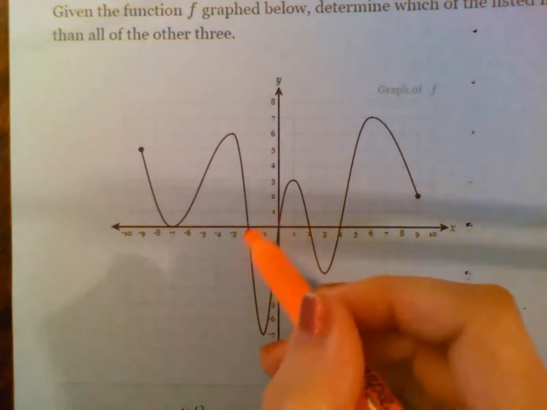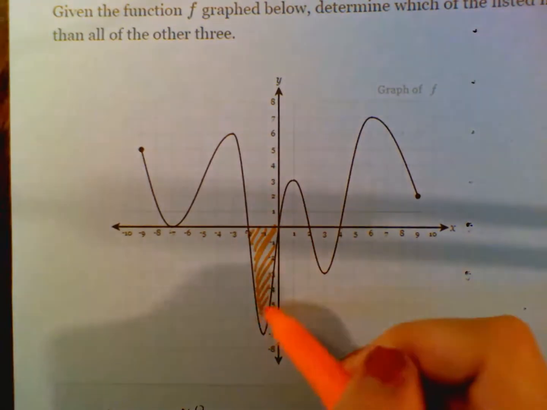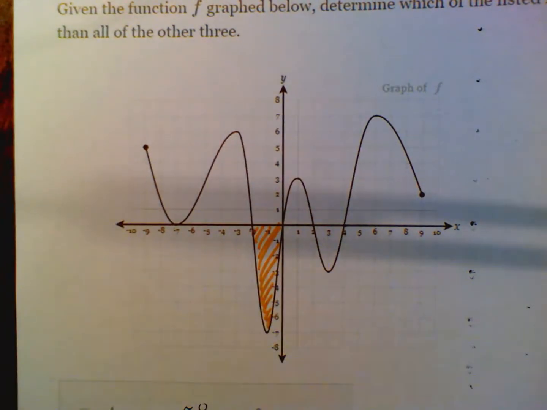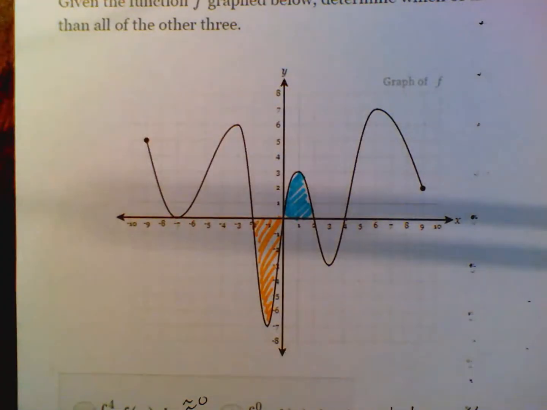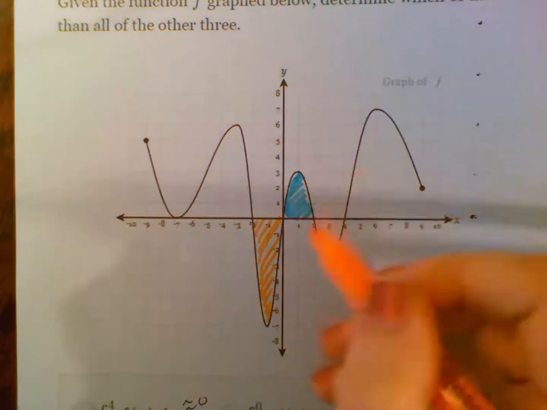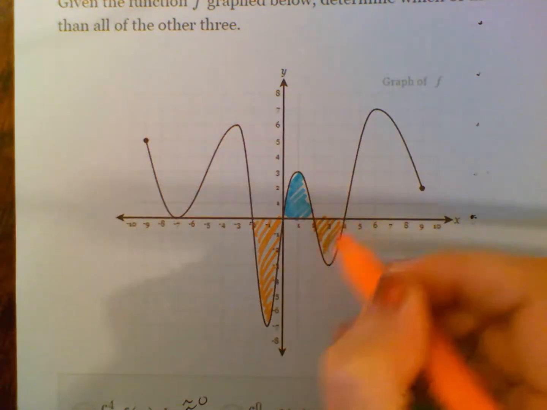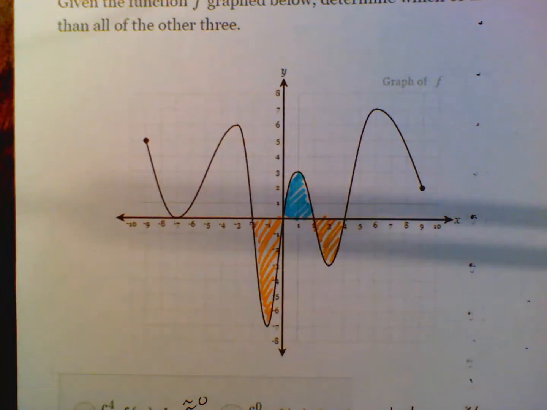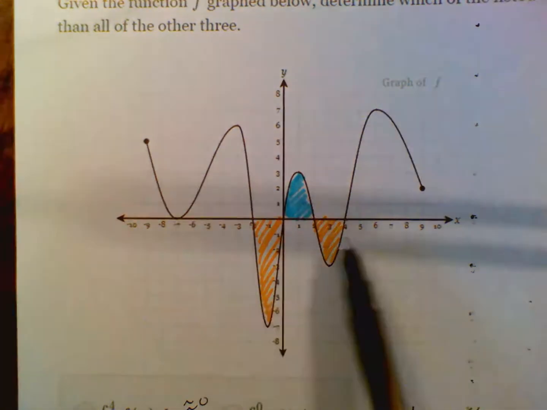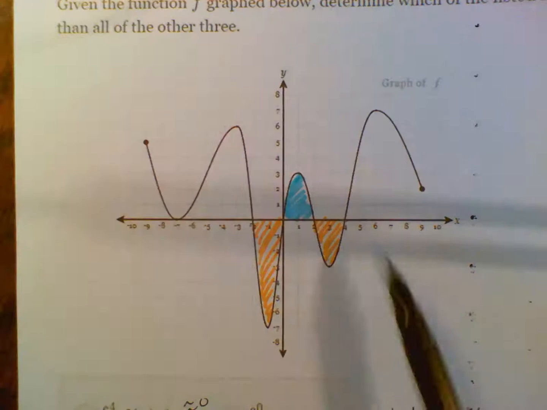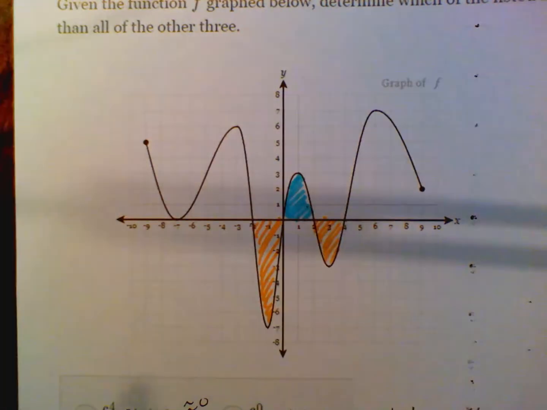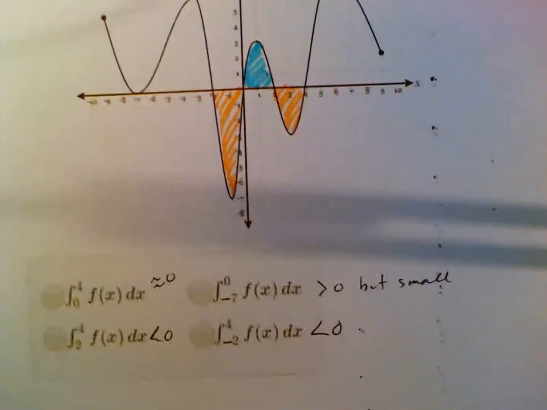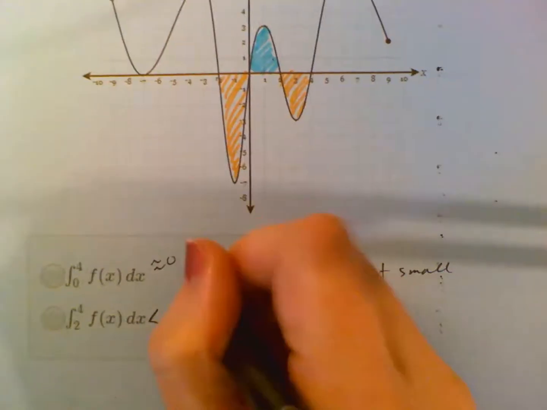From -2 to 4, I've got this negative area, this positive area, and then this negative area. The total is the sum of all these 3 areas, and we have more negative area than positive area. So that's for sure negative. So the answer is this.